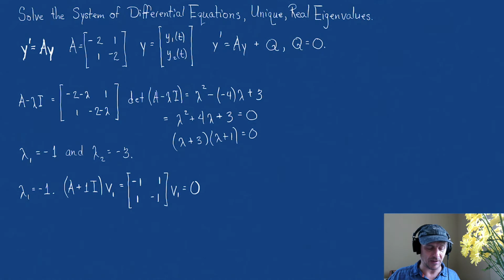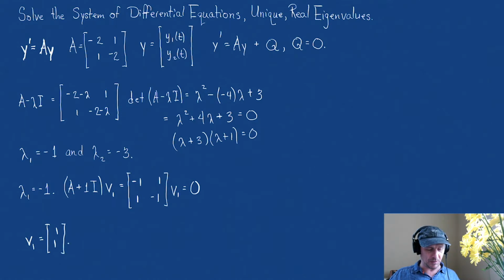If that's not the case, then something went wrong. If we add the first column to the second one, we should get the 0 vector. So if v1 is just one of the first ones and one of the second ones, there is our first eigenvector.